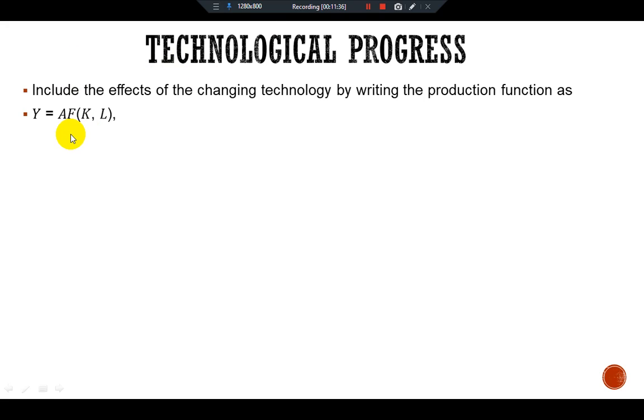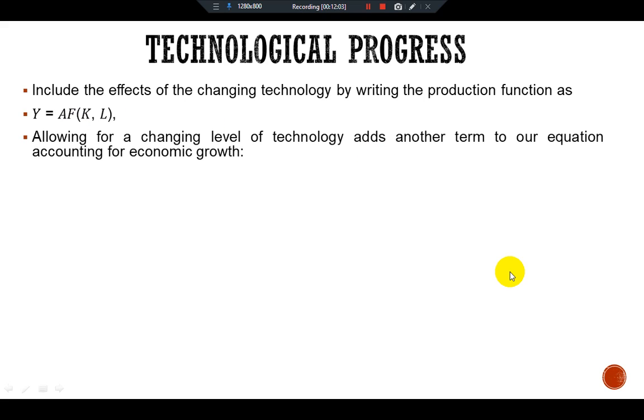Output now increases not only because of increases in capital and labor, but also because of increases in total factor productivity. If total factor productivity increases by 1% and the inputs are unchanged, then output increases by 1%.